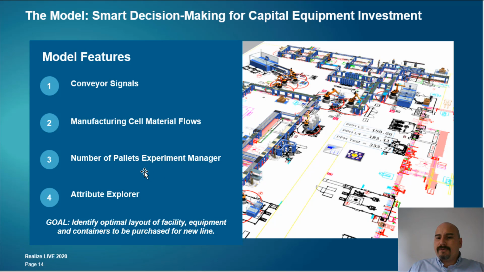We were able to test conveyor signals in order to define the better way to prevent bottlenecks due to traffic jamming created because of the conveyors. We were able to validate that the manufacturing cells were hitting their takt times and weren't a constraint for the process. Most important, we proved that the number of pallets could be about 40% less than what they were expecting, creating savings instantly for the whole project.